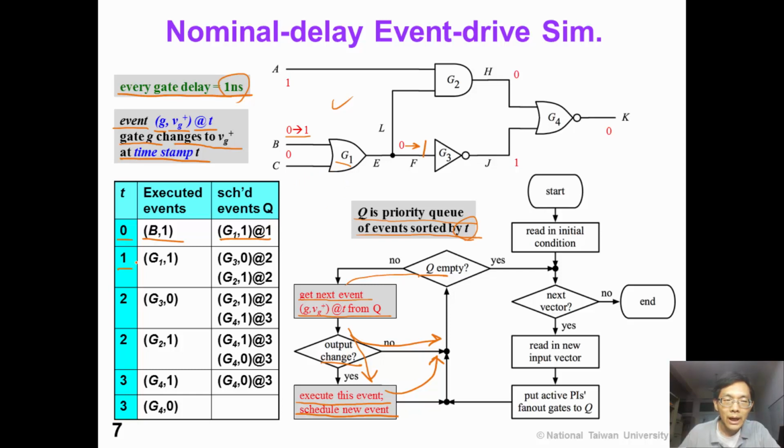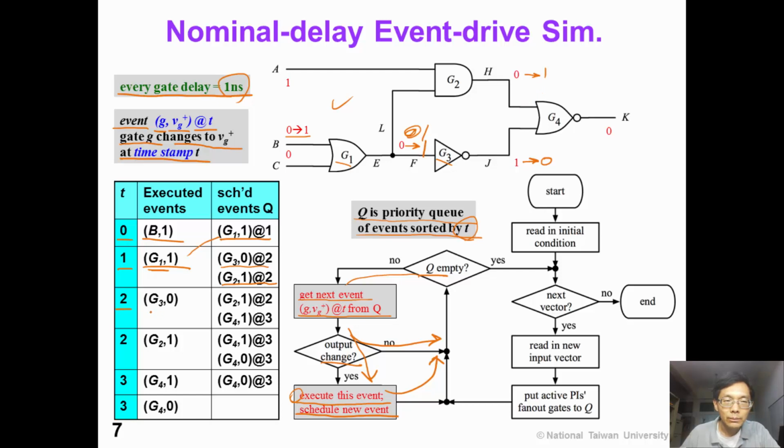Now at timestamp 1, we pop up this event. Because G1 output is different from its old value, we will execute this event at time 1. This event will schedule 2 more new events where G3 output will become 0 at time 2, and the G2 output will become 1 at time 2.